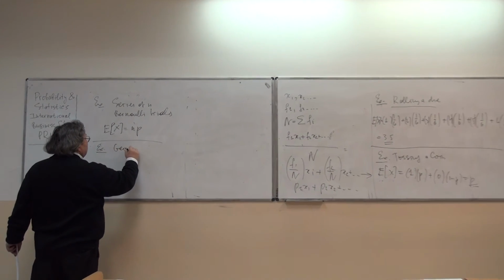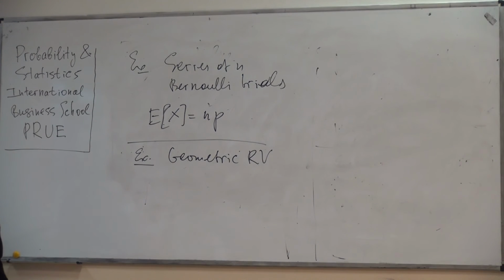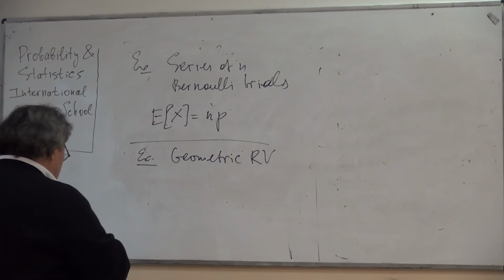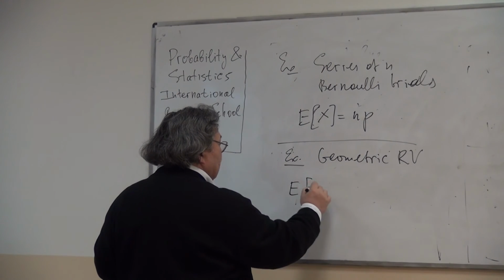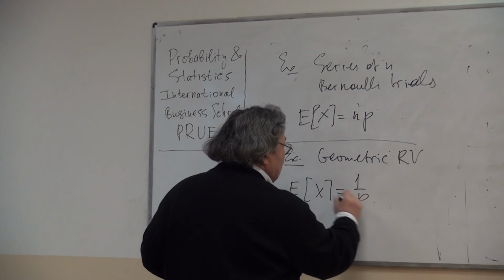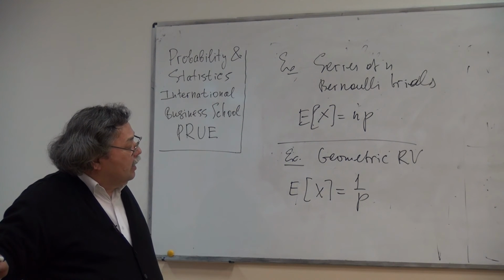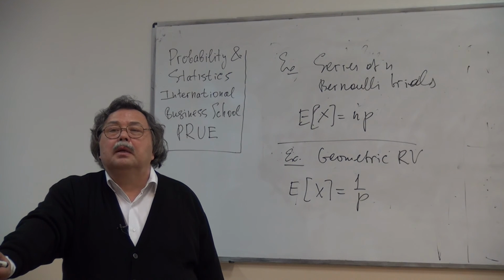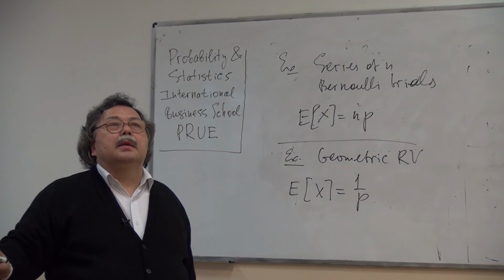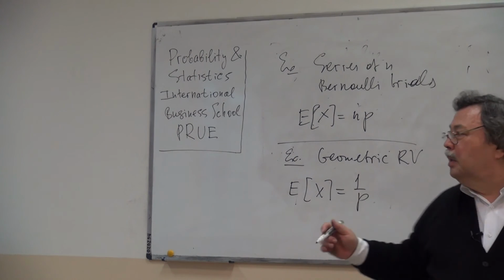For the geometric random variable, which I defined just a bit earlier today, the expected value is equal to 1 over p. Well, let's look at this answer. If p, the probability of success, is a small number, say 1/10, then the expected number of the trial on which the first success occurs is a large number.